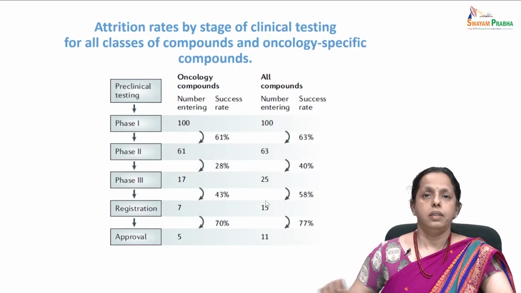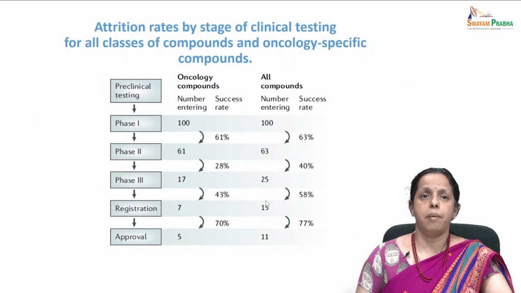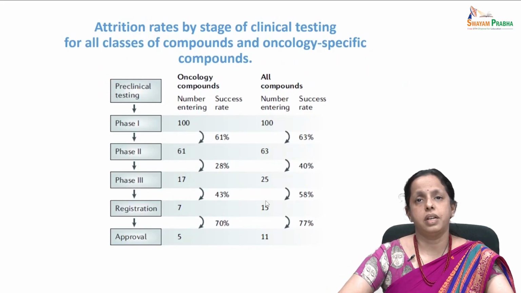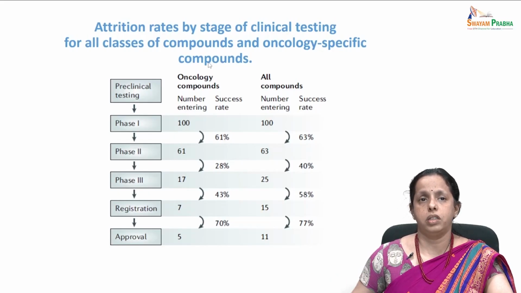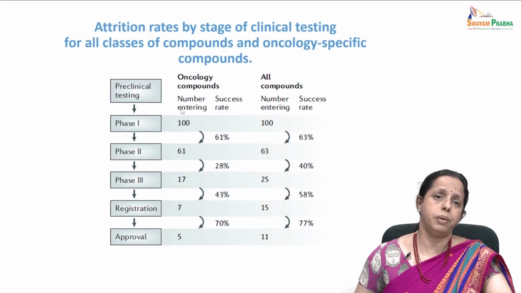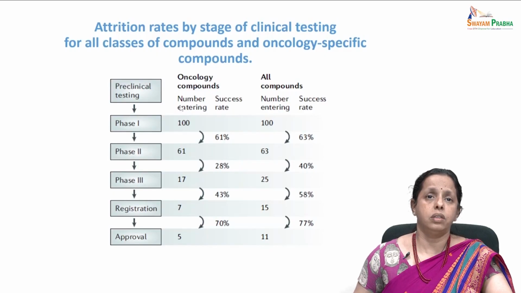This is a slide which represents the success rates by stage of testing for all classes of compounds and for oncology compounds. If you notice, this is for the large 10 pharmaceutical companies in the US and Europe between the periods 1990 to 2000. We can clearly notice that the success rate of going from preclinical testing to approval is very, very low.